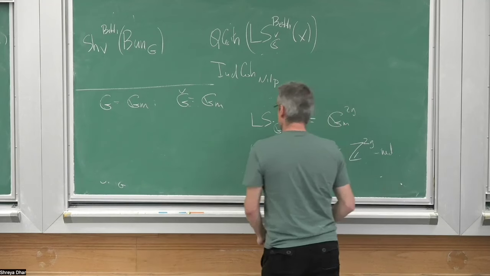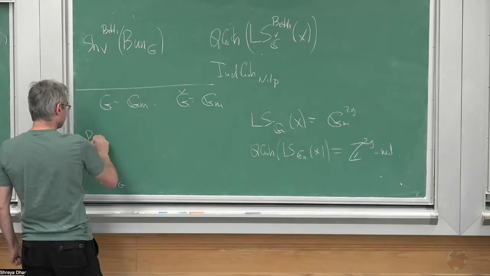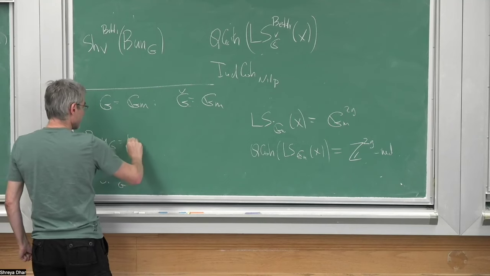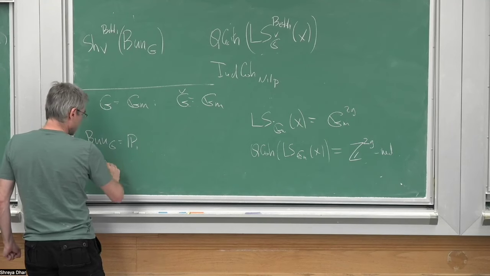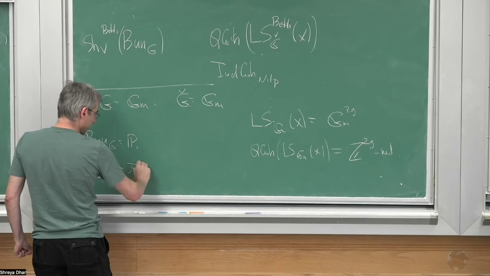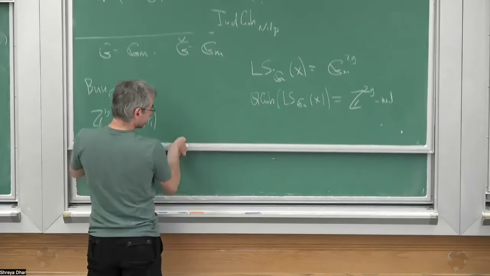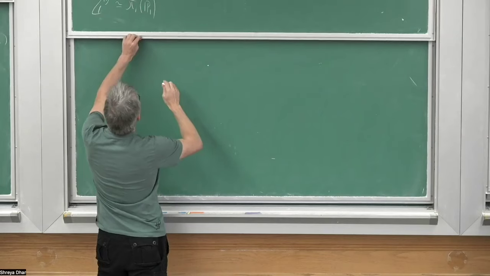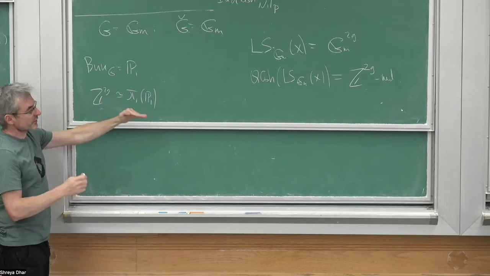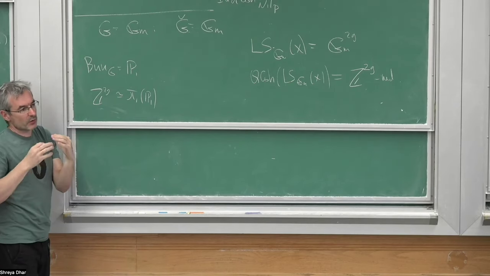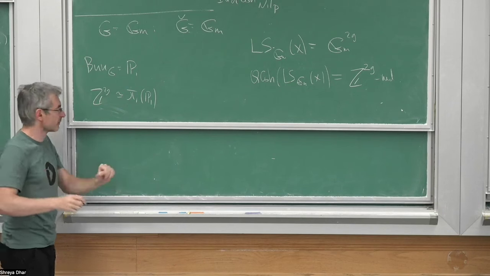And you realize that here we have Bun Picard, and this Z to the 2g canonically appears as pi1 of this Picard. So you have representations of pi1, and what are these? These are what we call local systems, or Betti sheaves that are locally constant.